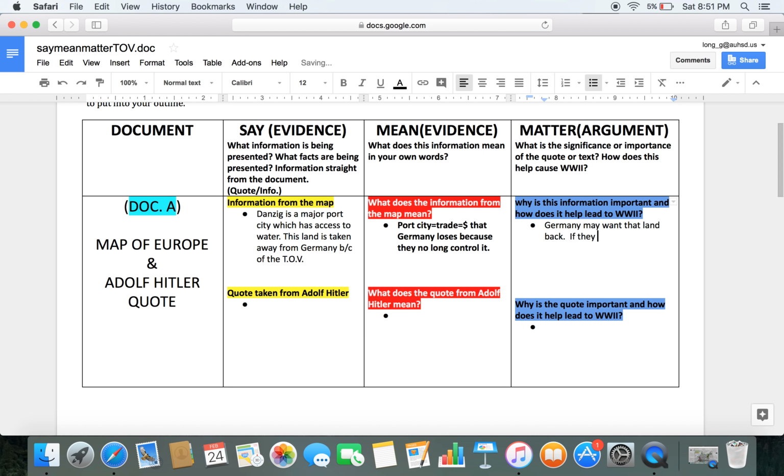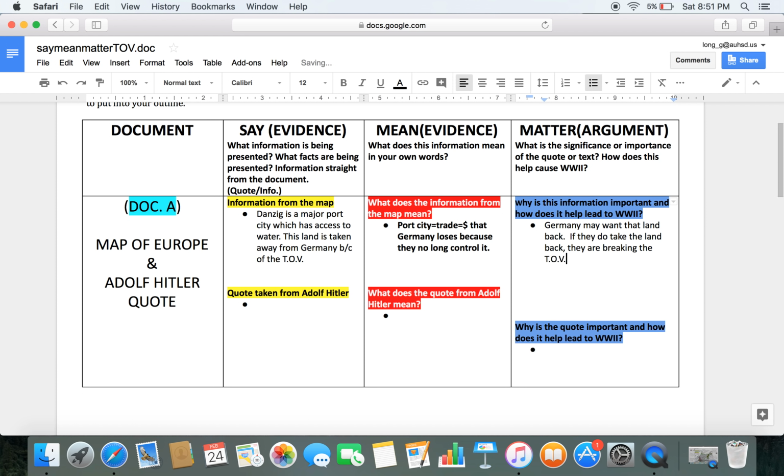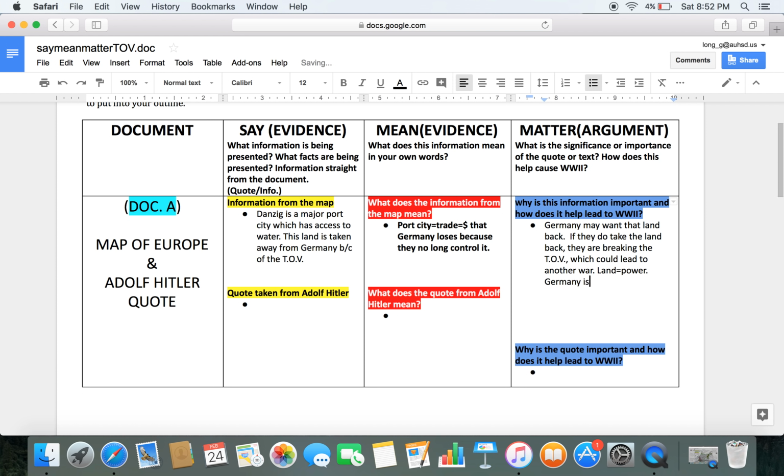If they do take the land back, they are breaking the Treaty of Versailles, which could lead to another war. Bottom line, we know that land equals power.